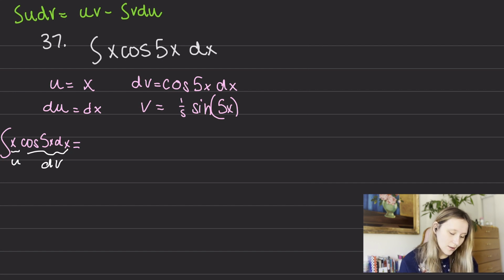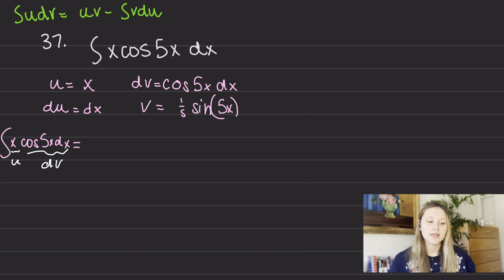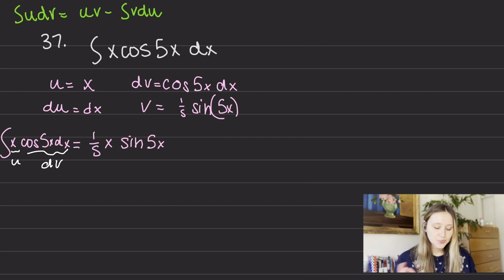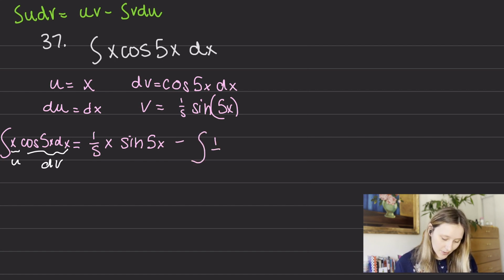And when we plug in this formula of integration by parts, we get u times v is going to be x times 1/5 sine of 5x minus v du. And so we get minus 1/5 sine of 5x dx.